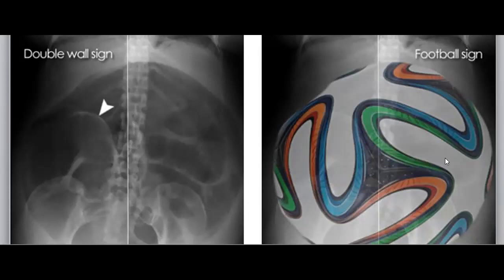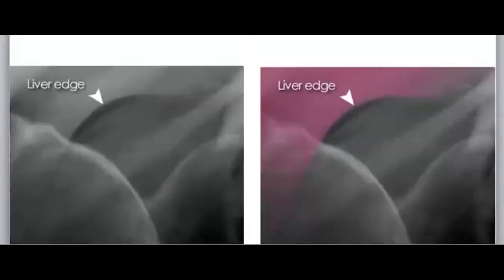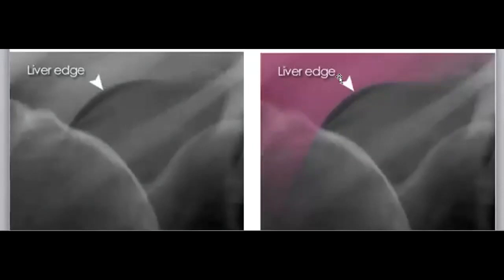Football sign. And one of the most important things is to check the liver edge. At the edge of the liver, you can see a rim of gas outlining the liver.